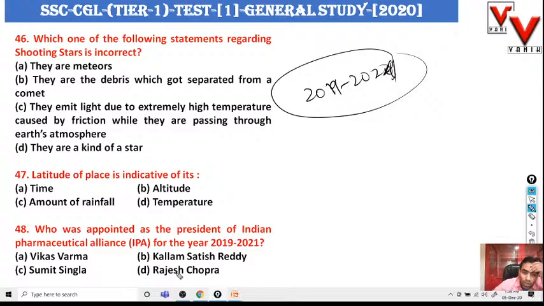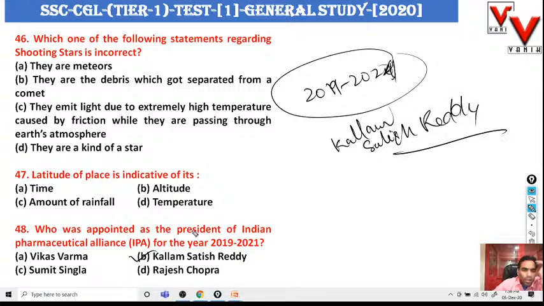That is Kallam Satish Reddy. Kallam Satish Reddy is appointed as the President of the Indian Pharmaceutical Alliance for 2019 to 2021. So the right answer is going to be B.